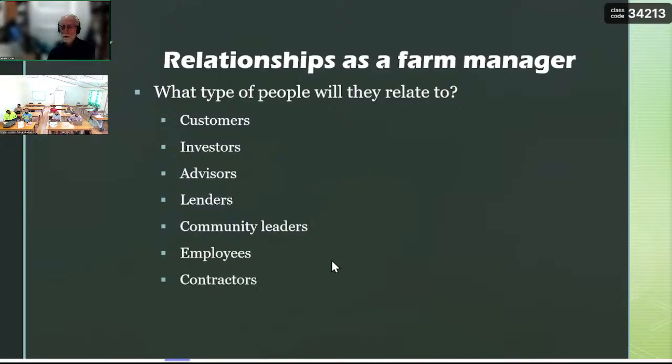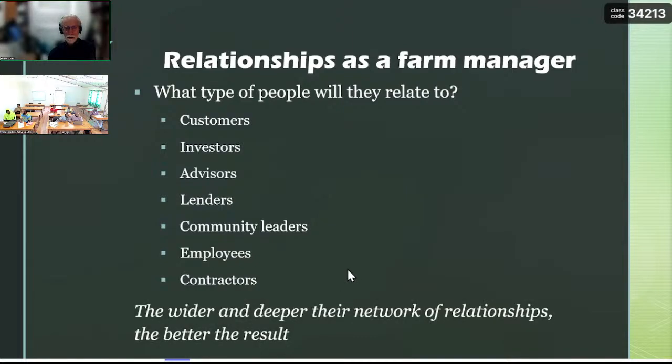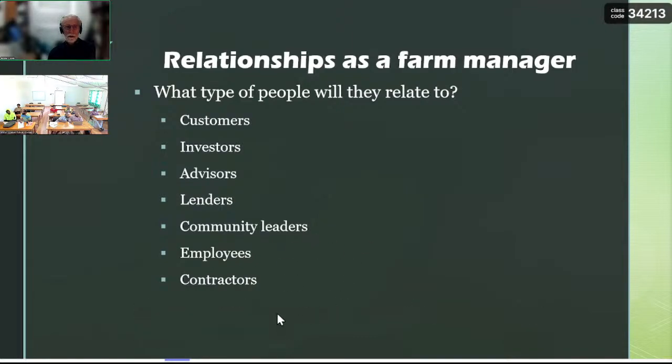Contractors, such as builders. And feed suppliers. I haven't even put the suppliers of feed, suppliers of chemicals or anything like that.